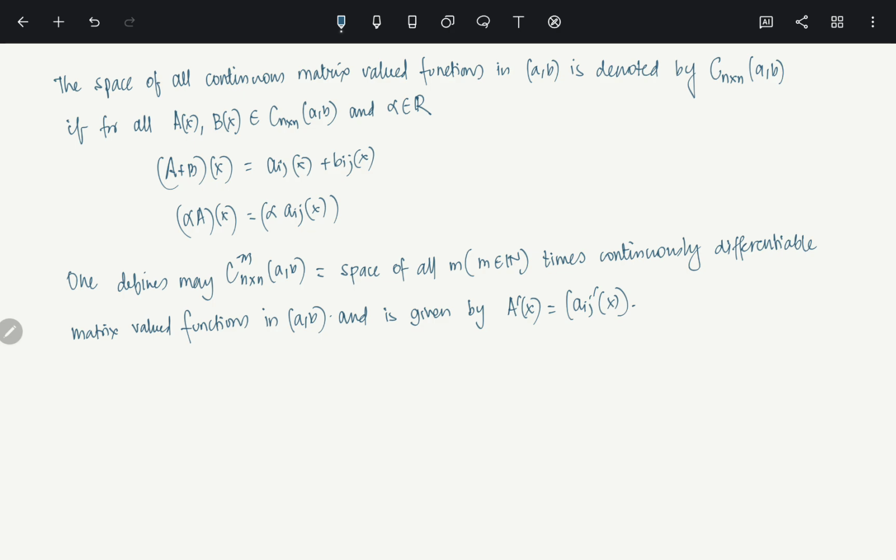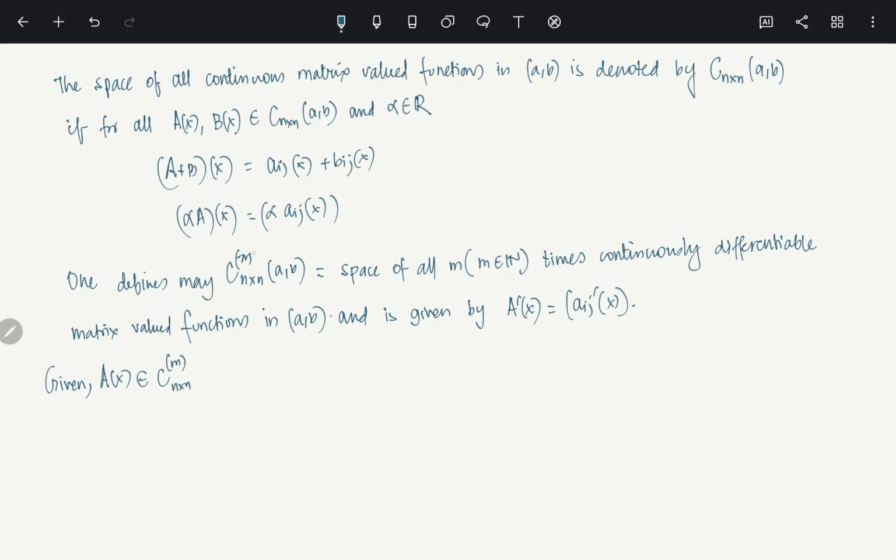Now you see, first of all, let's say I want to talk about the determinant of A(x). So basically, given a matrix A(x), this is very important, we are going to use this thing in C^m n cross n.